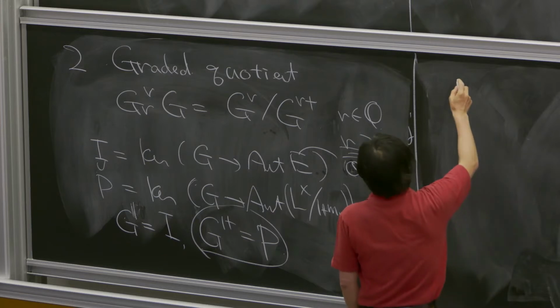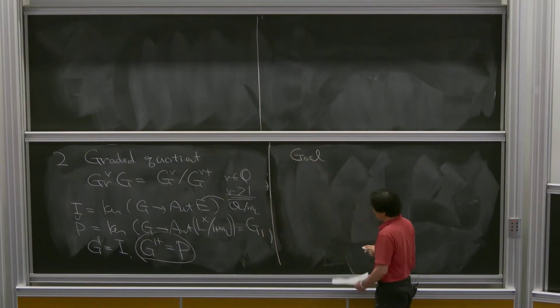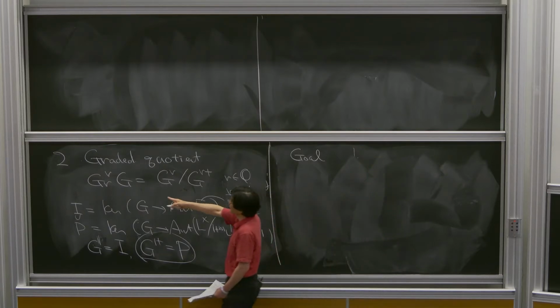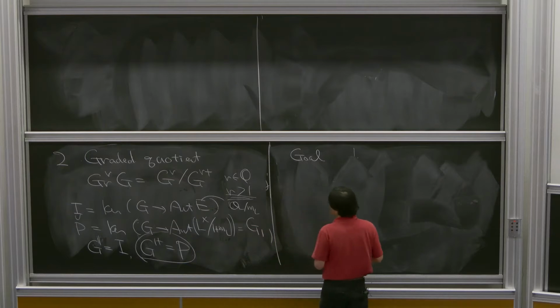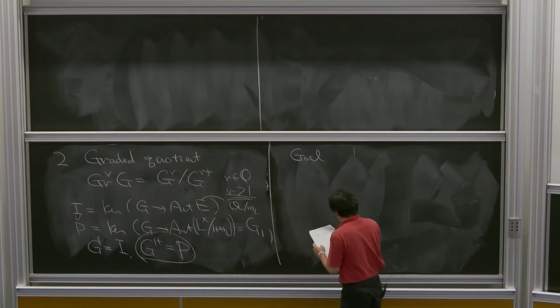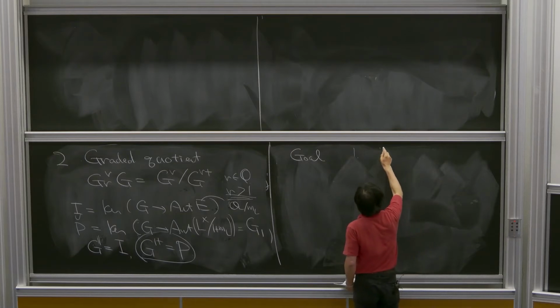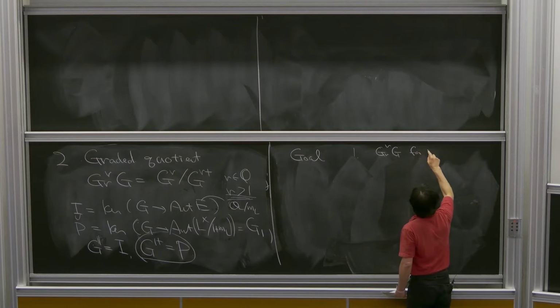Now, the goal of this second lecture is first, we want to show that this is in fact an abelian group. So we know that this is a P-group, but in fact we know more than that. So first, G^r for r bigger than 1 is abelian.